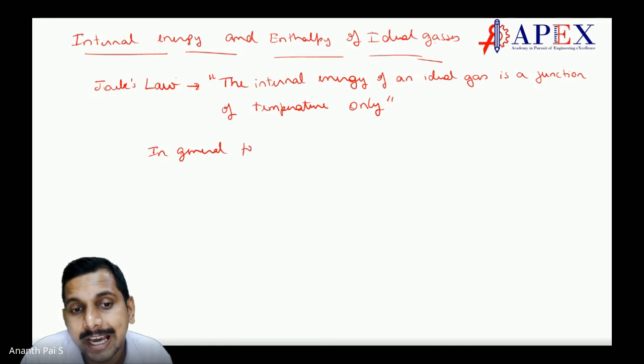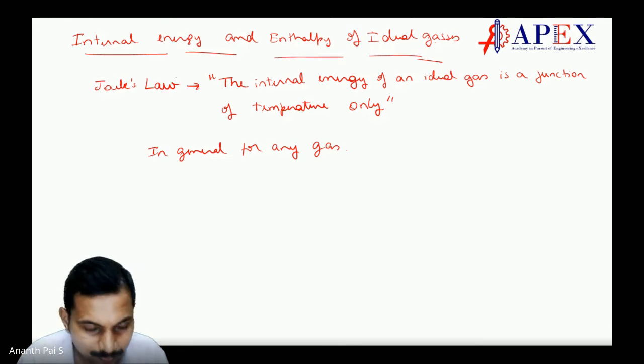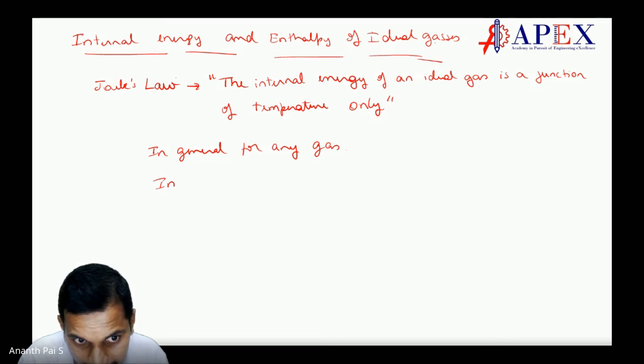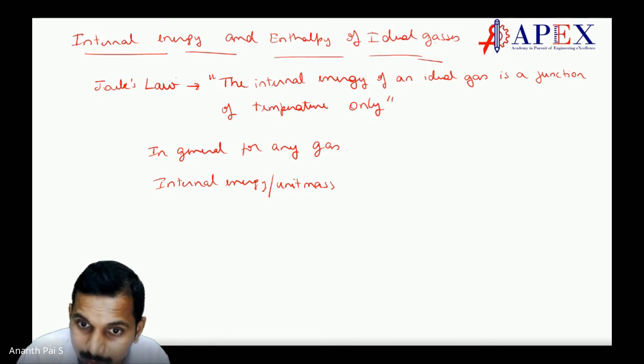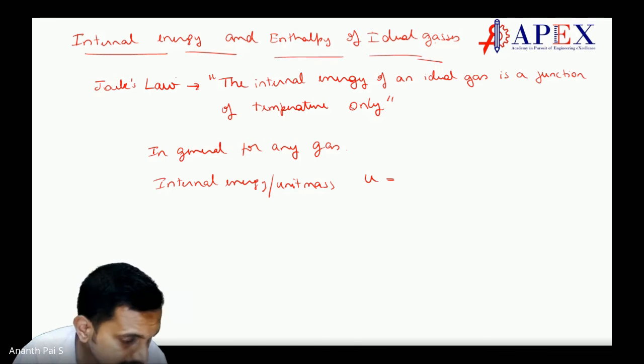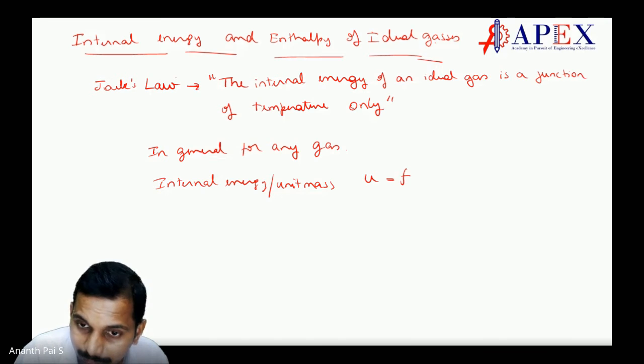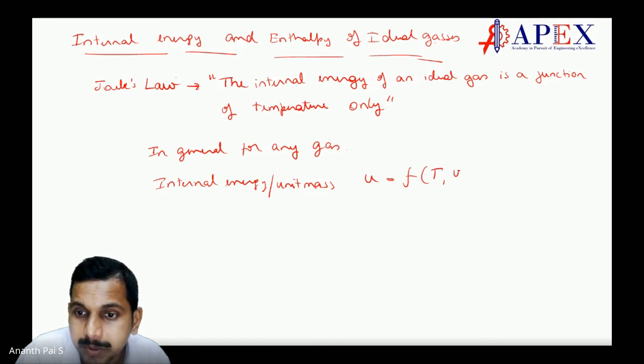For any gas, we can write the internal energy per unit mass, small u, as a function of any two properties, say temperature and specific volume.